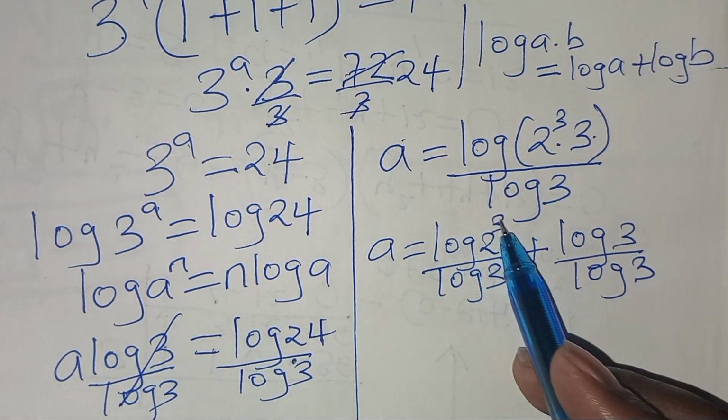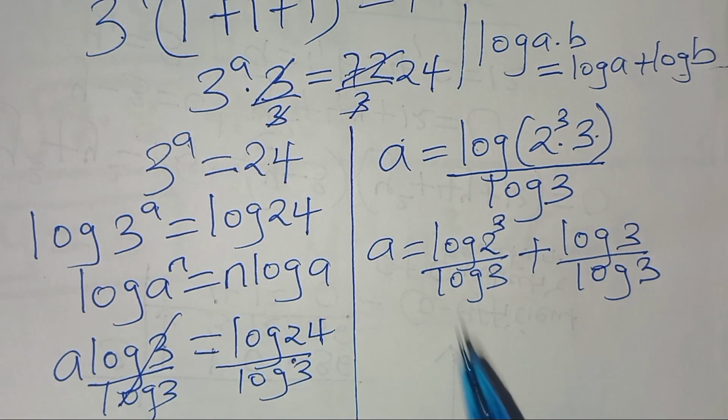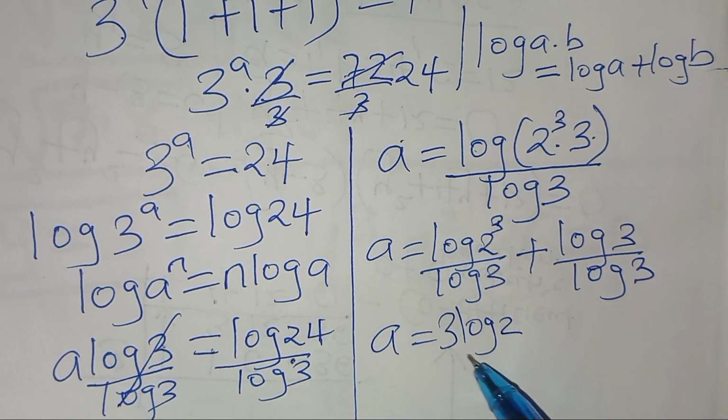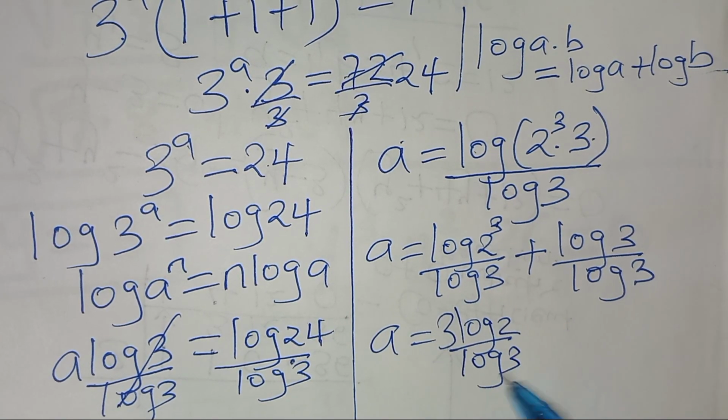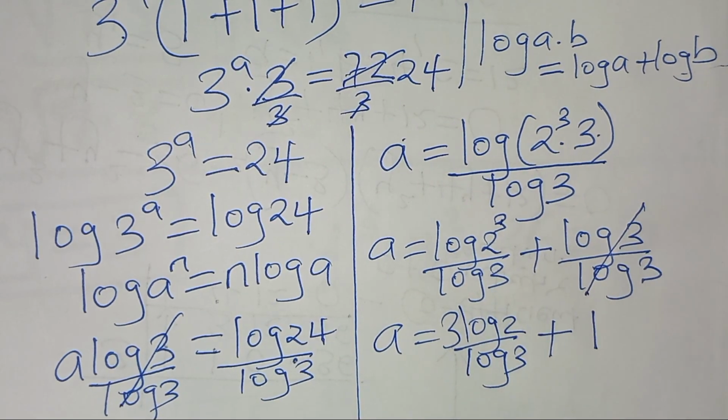So log 2 to power 3, applying the power rule property, becomes 3 log 2 divided by log 3 plus log 3, and log 3 simplifies, so this is plus 1.